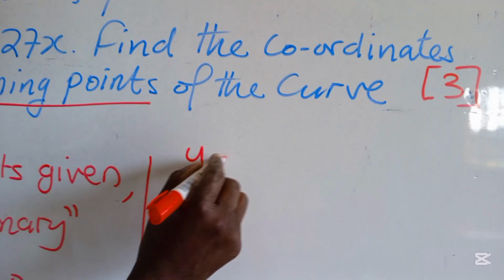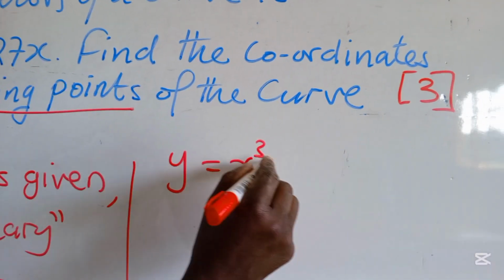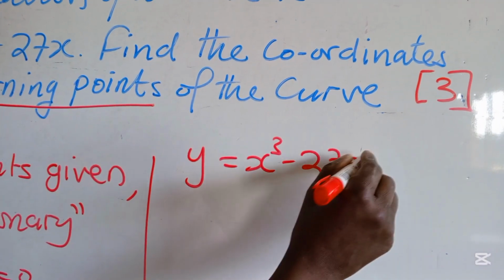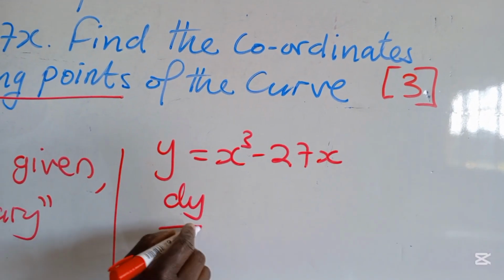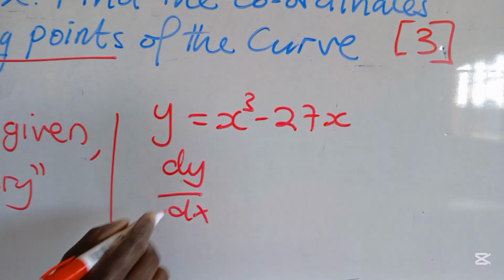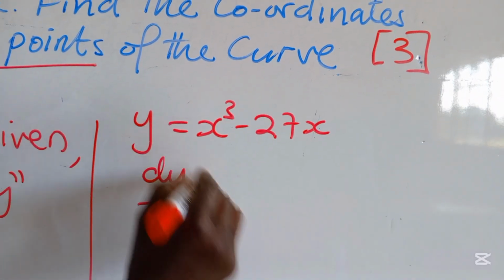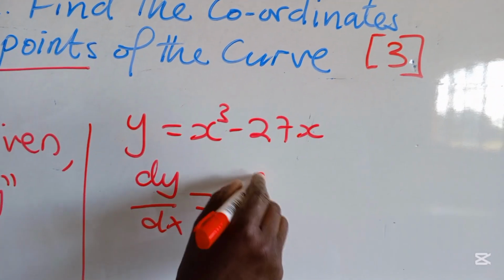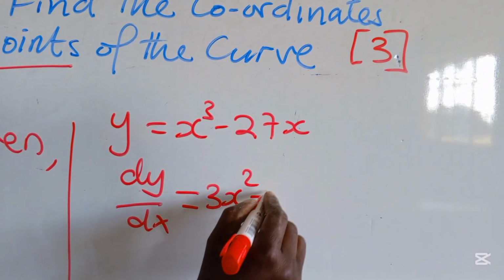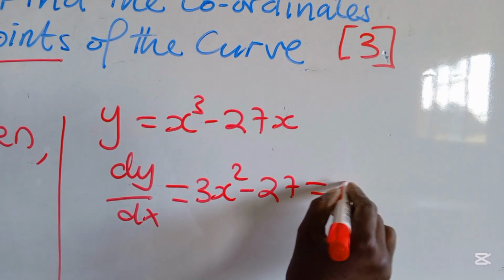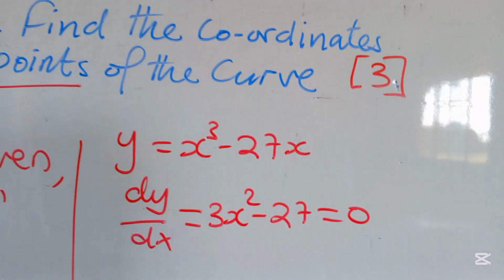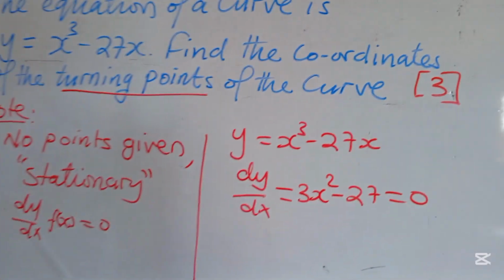The curve I'm given is y = x cubed minus 27x. So my dy/dx is 3x squared minus 27. The whole lot equals 0 because it is a special turning point called the stationary point.